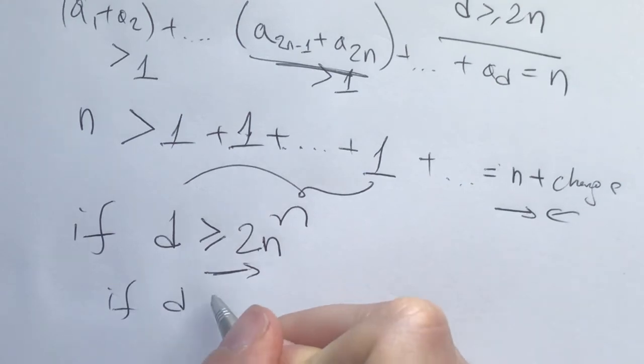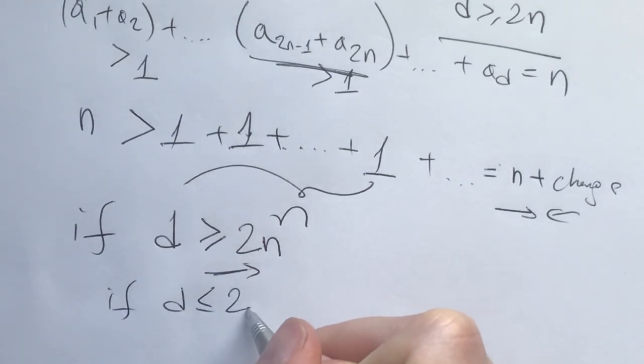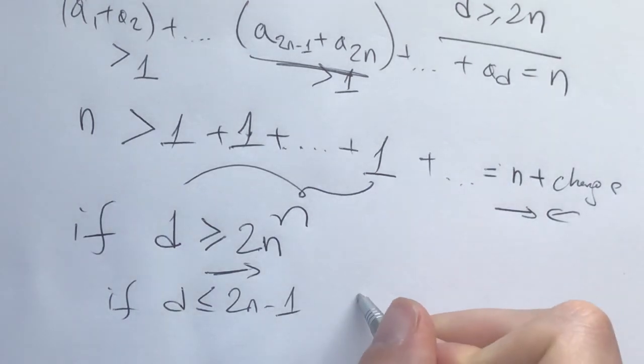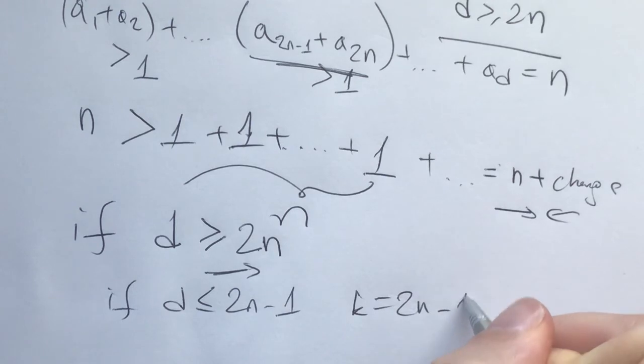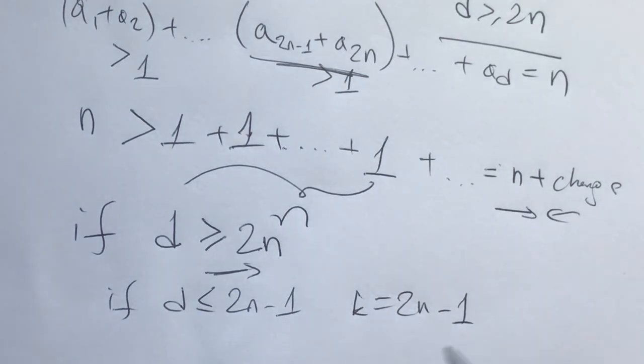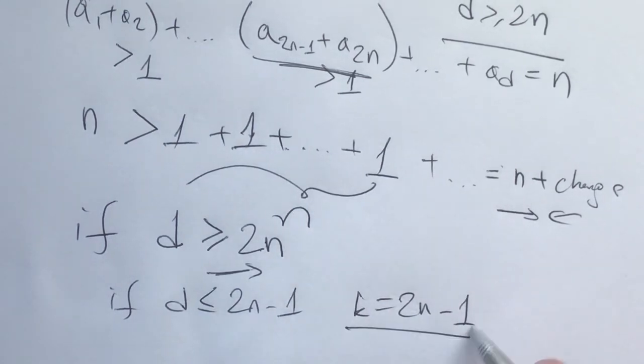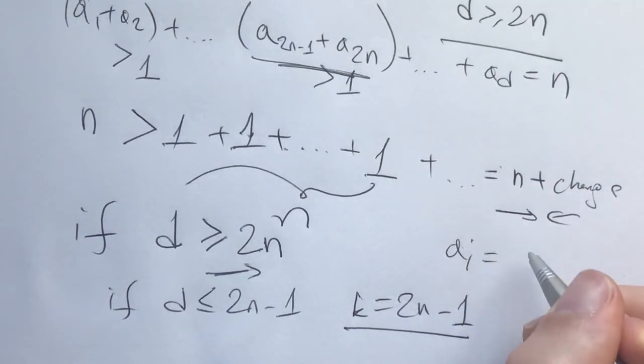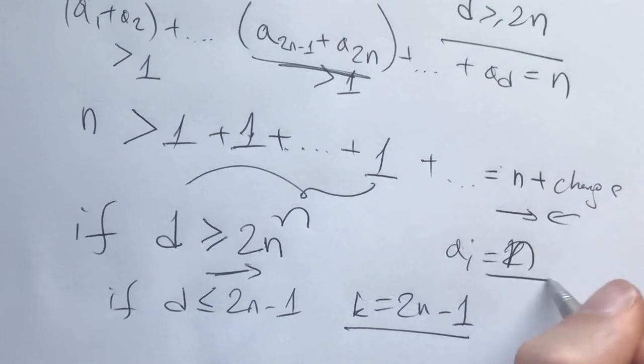If d is less than or equal to 2n minus 1, well, then we just put them into their own separate groups, k equals 2n minus 1, and we've proved that k is at least 2n minus 1 because we have this case where all the AIs are equal to n over 2n minus 1, and this means we're done.